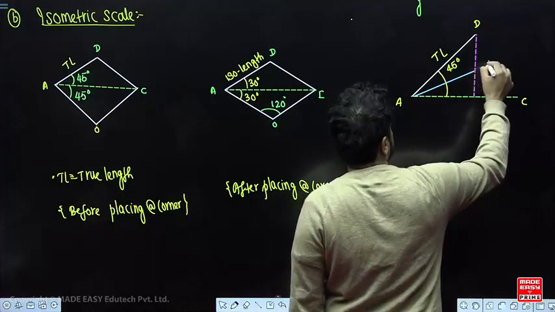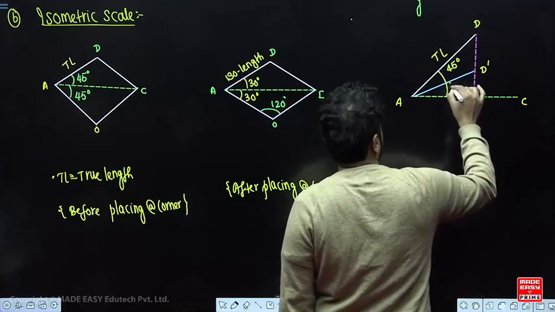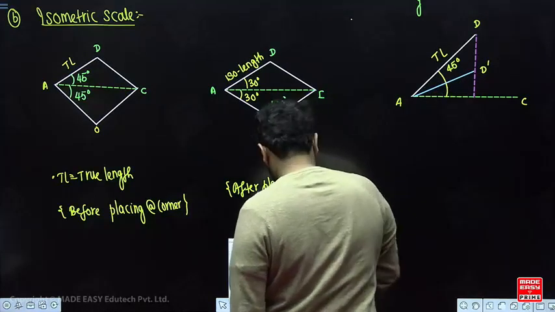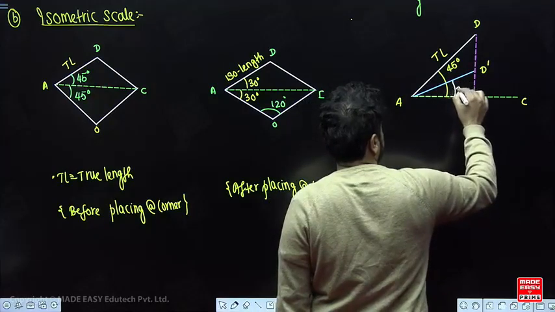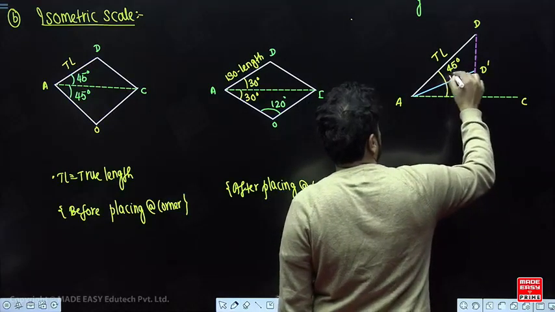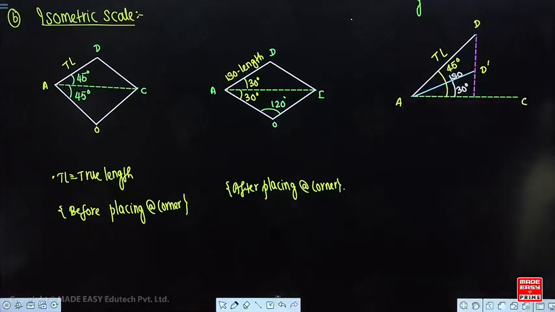Next, let us say this is D dash, correct. So this is your iso length and this is drawn at what angle? So this is drawn at 30 degree and this is your iso length, correct. You can see that iso length with respect to AC, it is drawn at 30 degree.